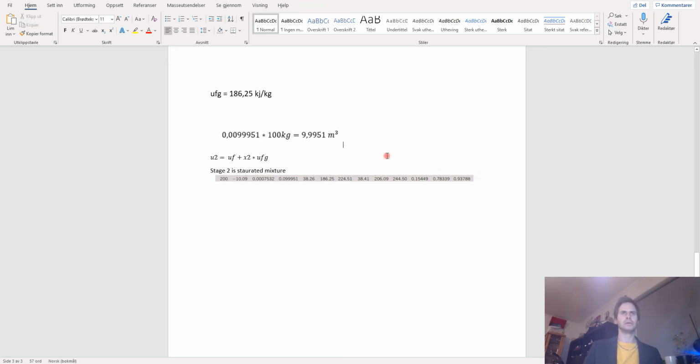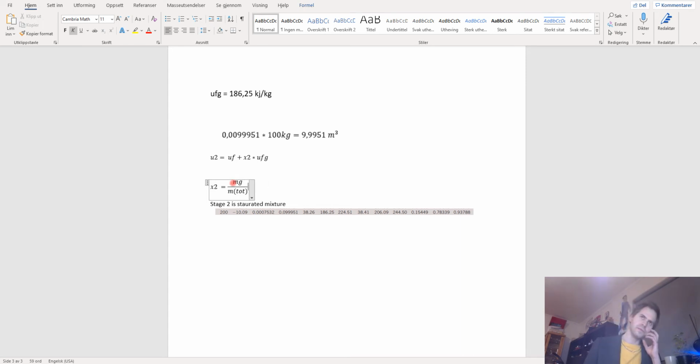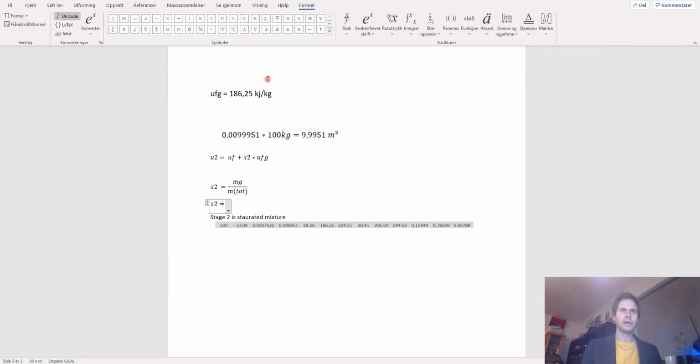Okay, so x2. Therefore, how to figure that out is mg over m total. That's our formula for that. And also x2 equals, what is it? Here we go.